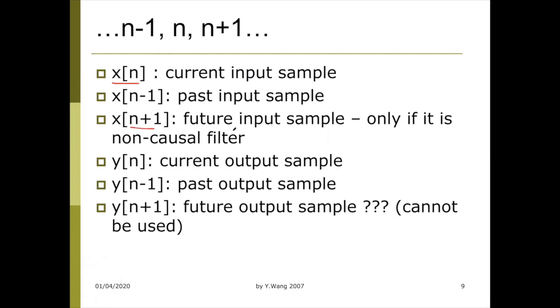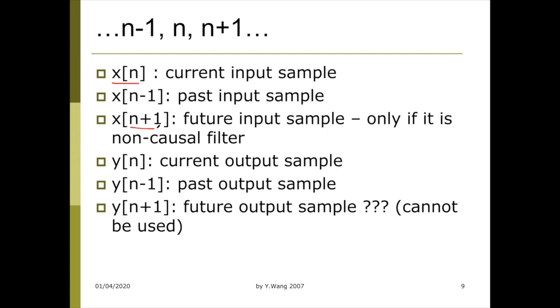In practice, in mathematical form you can do that, because we can say all the signal is offline. We can look at the signal and say, if you take this point as current, then we can have future and past. But in real-time implementation of a filter, we normally don't use that because we cannot predict the future.